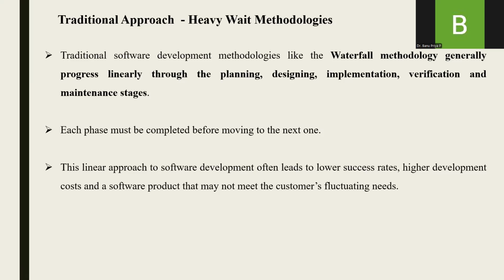Such a linear approach often leads to lower success rates and even higher development cost, because when the customers' needs are fluctuating, that is, their needs are changing over time, then obviously it is very difficult to be achieved.